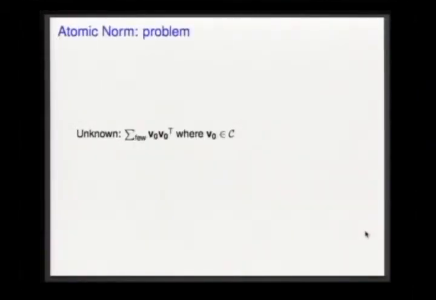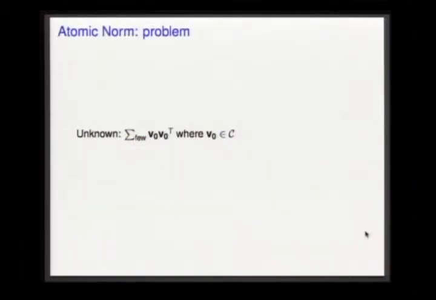So as I said, the goal in all these problems we considered is to write the unknown as a linear combination of a small number of outer products of vectors. So what does it mean?